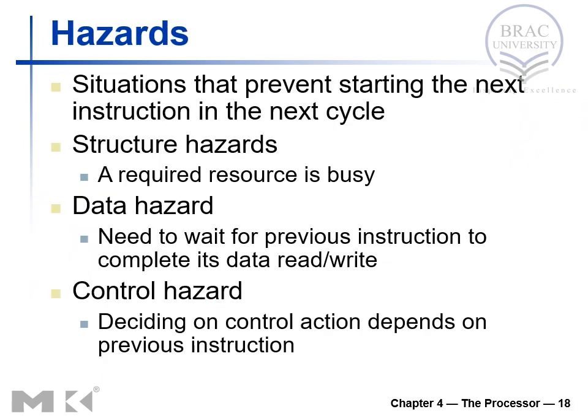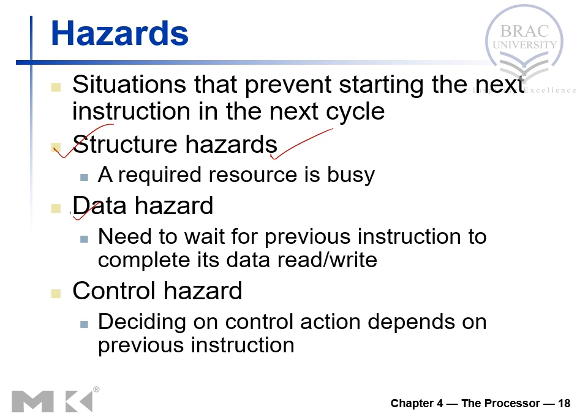Hazard. This can also be called why pipelining is difficult. One is structural hazard. One issue with pipeline is that if multiple instructions try to access the same hardware component at the same time, this would cause structural hazard. Data hazard is when one instruction depends on the output of another instruction, but that is still not ready.